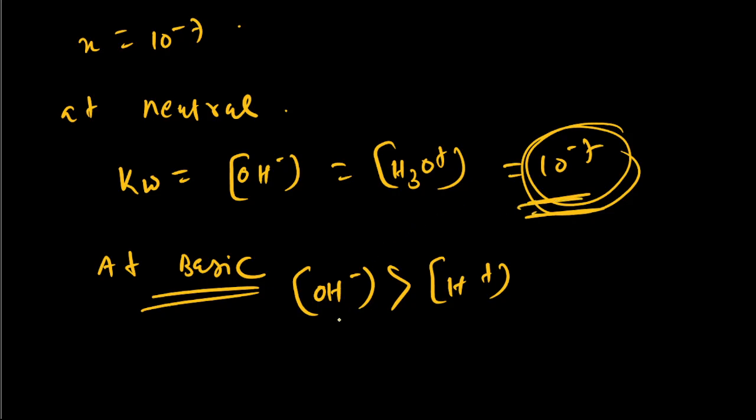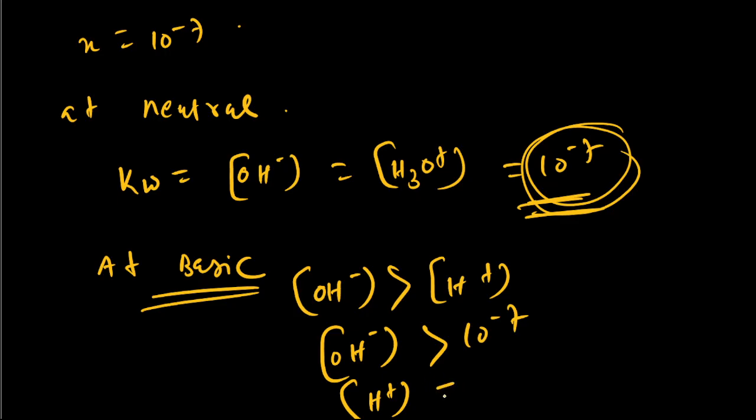So at basic, OH minus concentration is more than 10 raised to minus 7. Okay, so that means H plus can be 10 raised to minus 8, 10 raised to minus 9, 10 raised to minus 10.